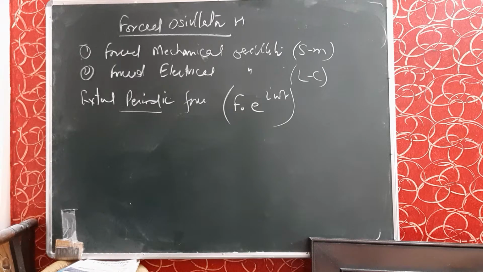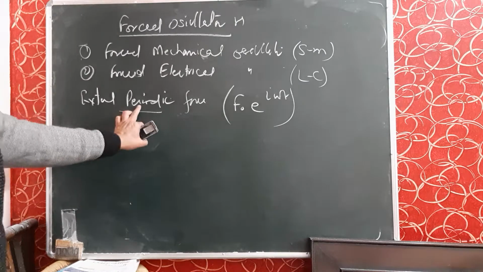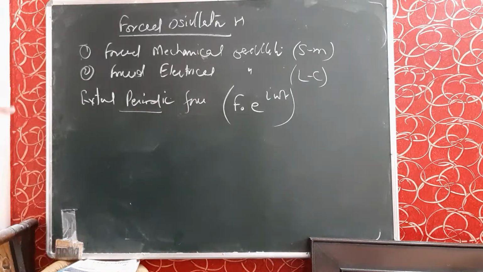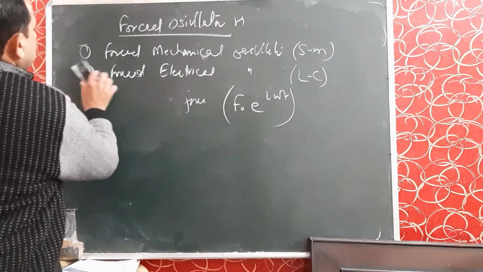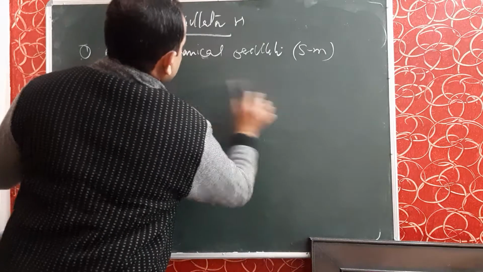So, both cos and sin functions are periodic functions, and hence it is called periodic force. So, this force is applied on the oscillator after a fixed interval of time, that is after a fixed time period. So, we will discuss these oscillators one by one.